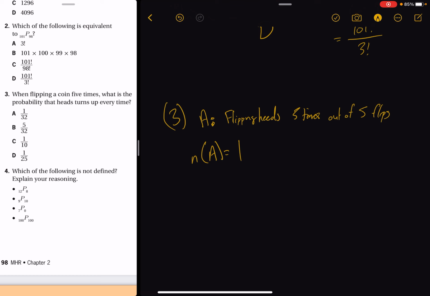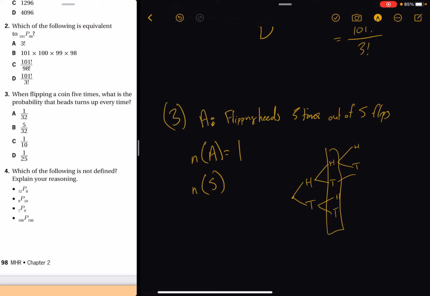There's only one way to do that. How many possible outcomes are there? Once again, we'll do the tree diagram, but for each one of these, I could go heads or tails on the next flip. The second flip could be heads, tails, and there's 4.